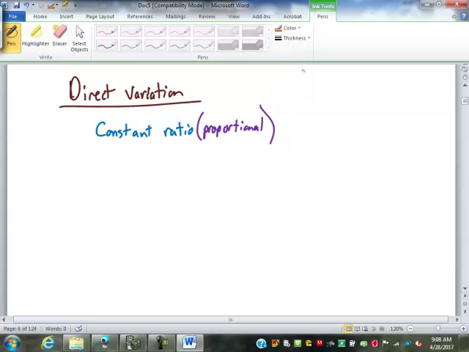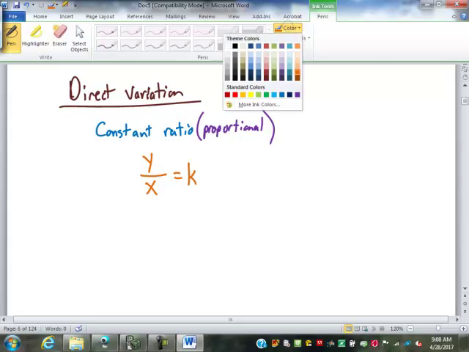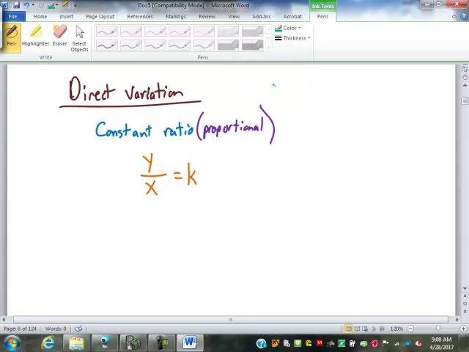So what that means is the ratio of y over x is equal to a constant. One way of looking at it. A more common way of looking at it is this, that y is equal to a constant times x. It's a linear relationship.